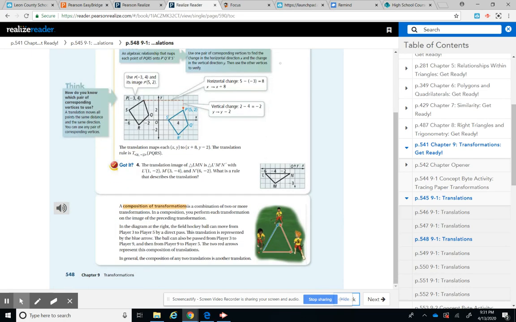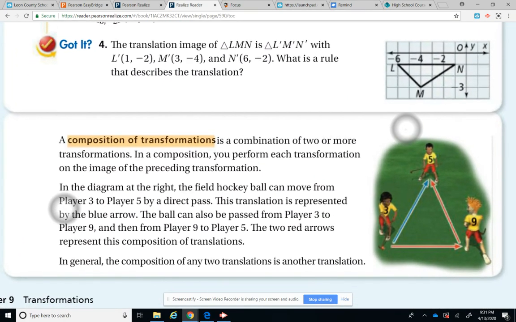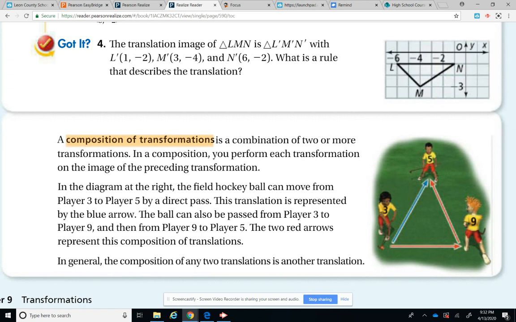All right, down here on the bottom, a composition of transformations. This is page 548. A composition is a combination of two or more transformations. In a composition, you perform each transformation on the image of the preceding transformation. In the diagram at the right, the field hockey ball can move from player 3 to player 5 by a direct pass.